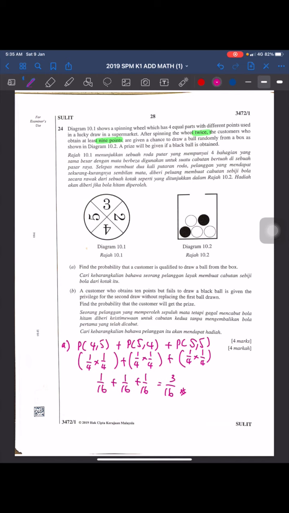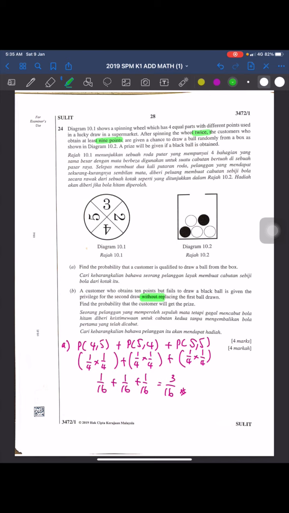Okay, next. A customer who obtained 10 points but fails to draw a black ball is given the privilege for the second draw without replacing the first ball. Without replacing, maksudnya tak masuk balik lah. Bila dah ambil, dia tak masukkan balik.